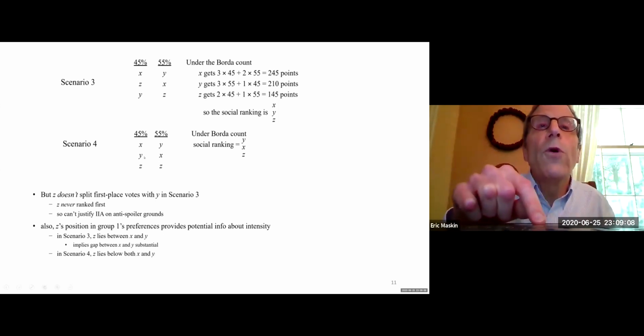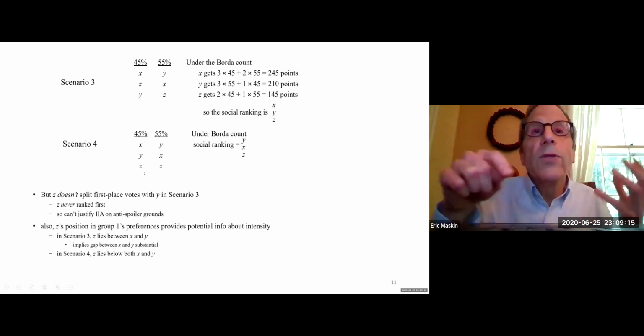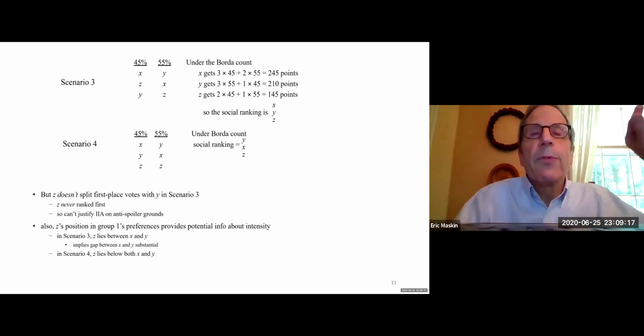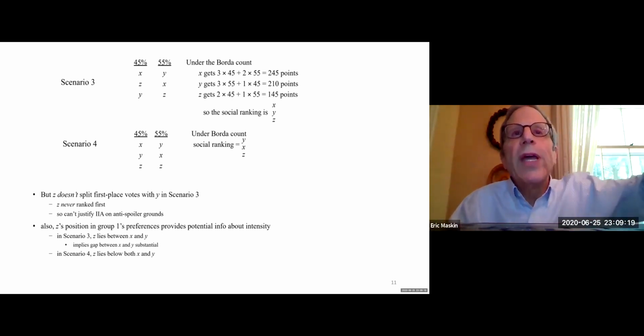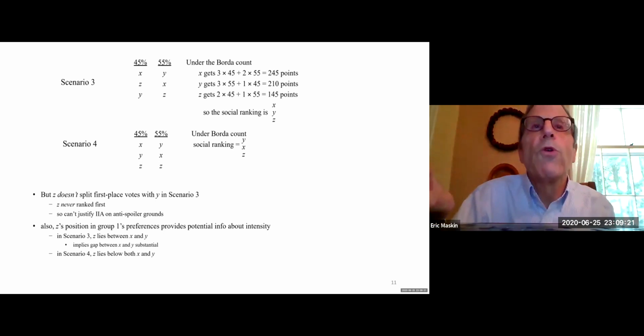In scenario 4, notice that Z does not lie between X and Y. It lies below X and Y. And so that suggests that the preference gap between X and Y for the group one voters is smaller.